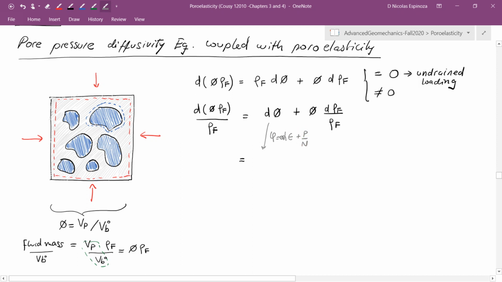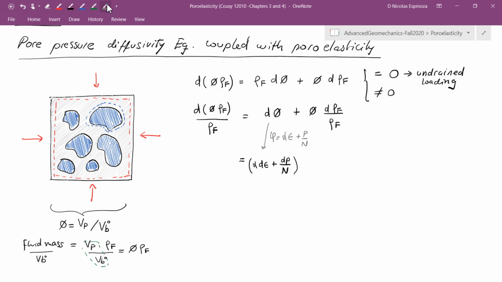So if I were to take the derivative of this, alpha is not going to change. The volumetric strain might change, so that's why I put the differential here. And the parameter n also is not going to change, but pressure could change. So I'm going to put the differential over there too.